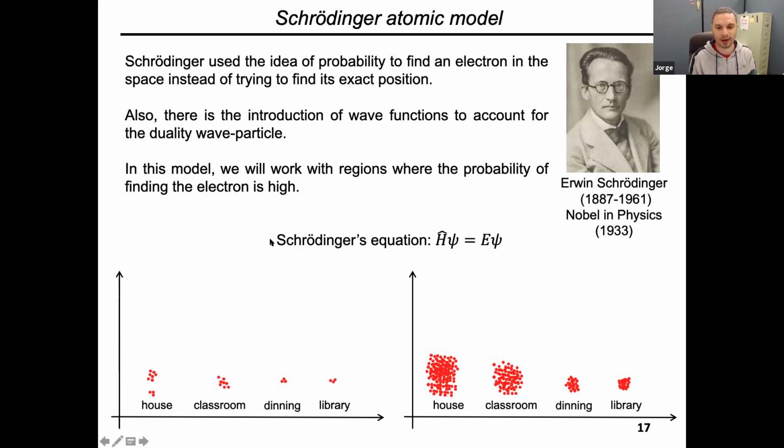And here is the famous Schrödinger's equation. So anyone can write this. If we have a wave function called psi, and we apply an operator to this wave function, here the Hamiltonian operator, we will have in return the psi function times the energy.